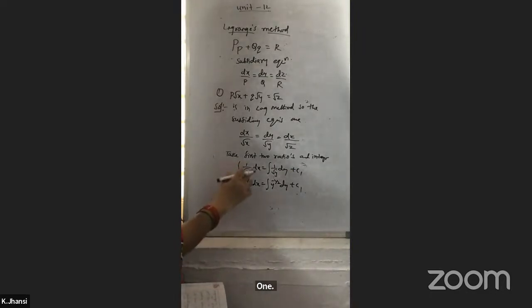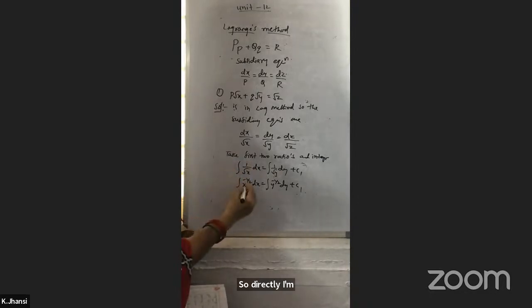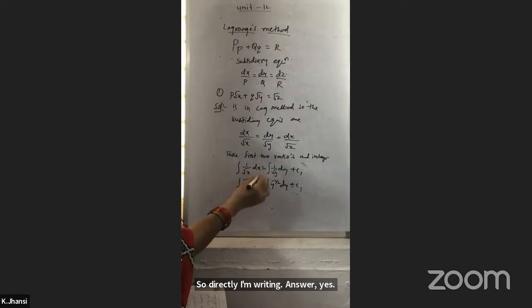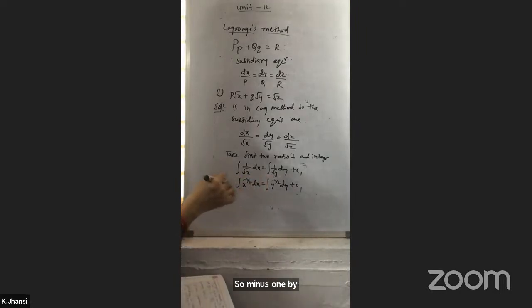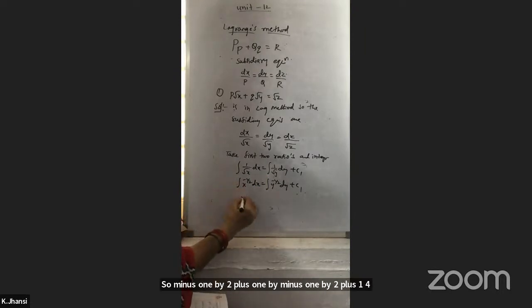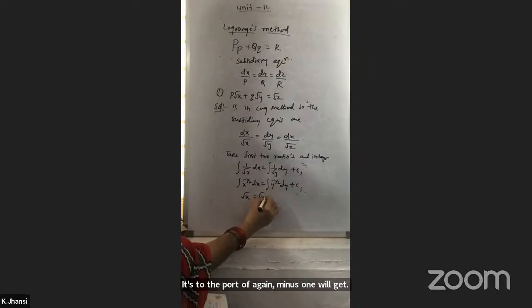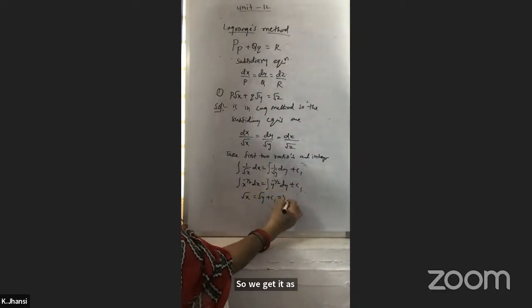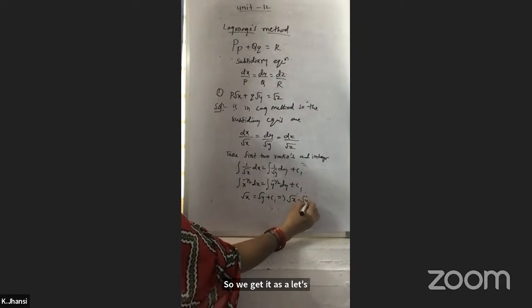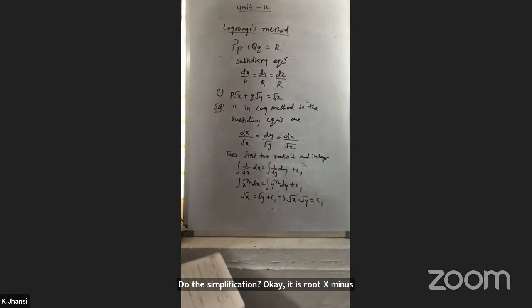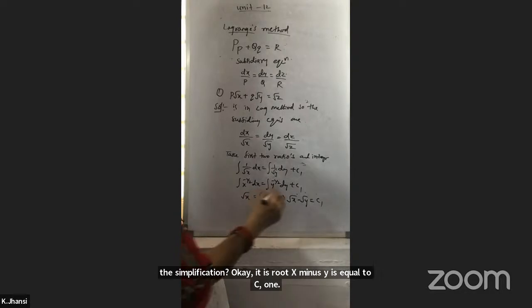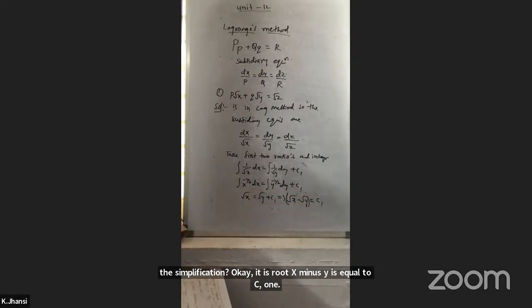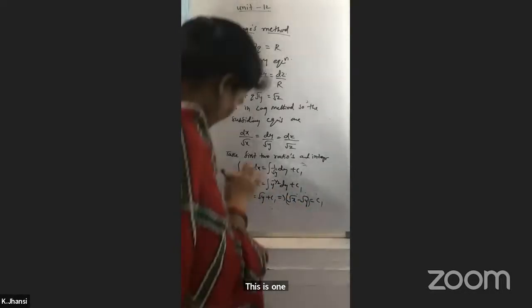You know, for x to the power of n, the integral is x to the power of n plus 1 by n plus 1. So minus 1 by 2 plus 1, so x to the power of 1 by 2 divided by 1 by 2, you will get root x and this as root y plus c1. You do that simplification. Okay, it is root x minus root y is equal to c1. This is one solution from the first terms. Now if we take the first and last.